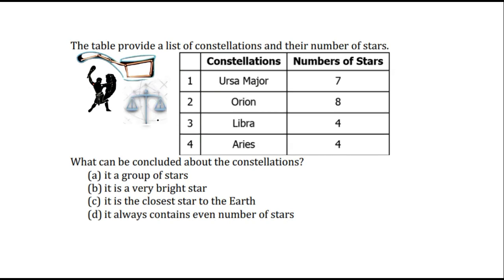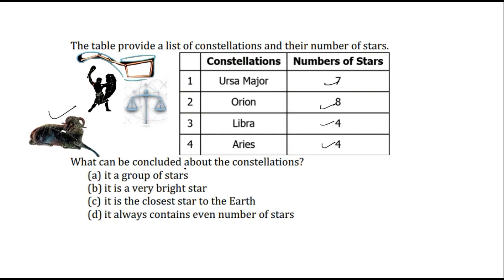Libra is a balance, it looks like a balance. Right, and then Aries, we call it Mesha. You can make out here it's a Mesha. Each of these constellations is made of some number of stars. They appear as if they are made up of these numbers of stars.